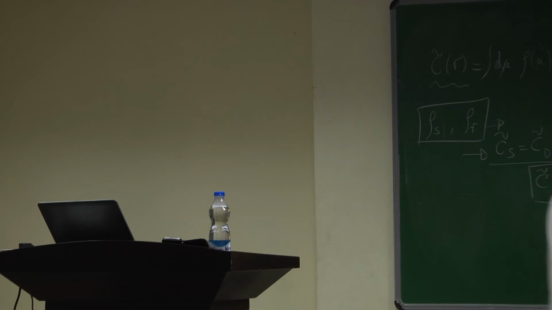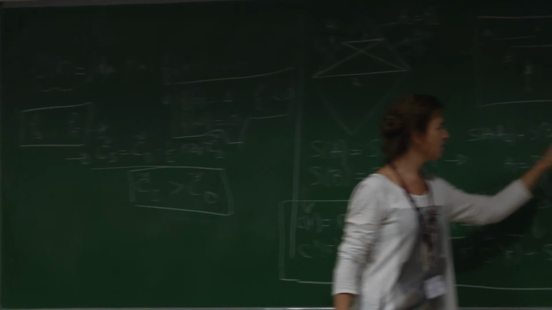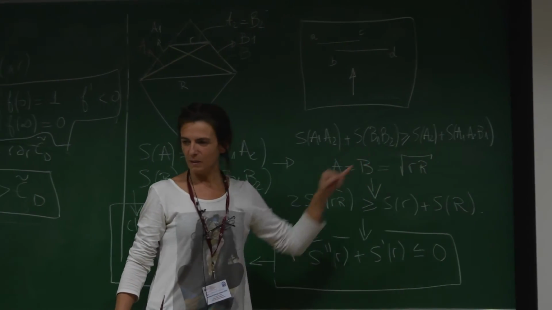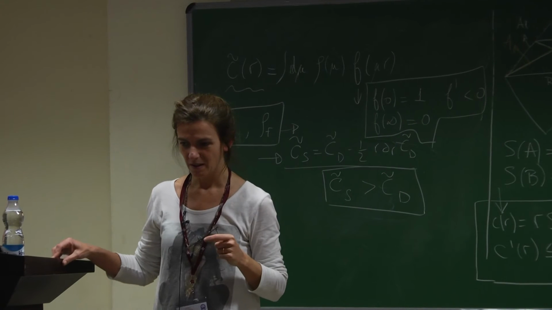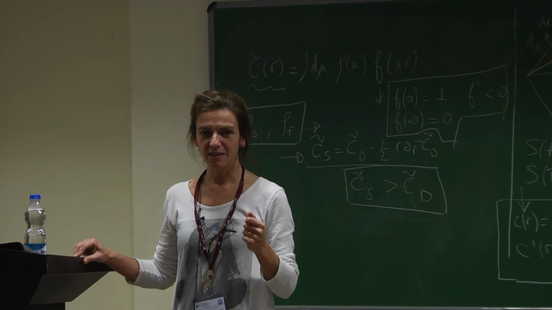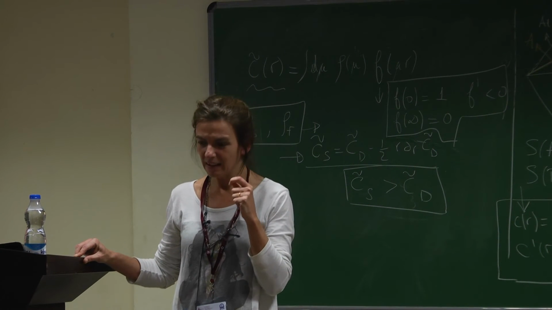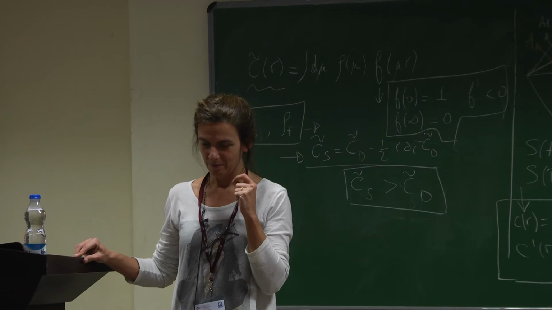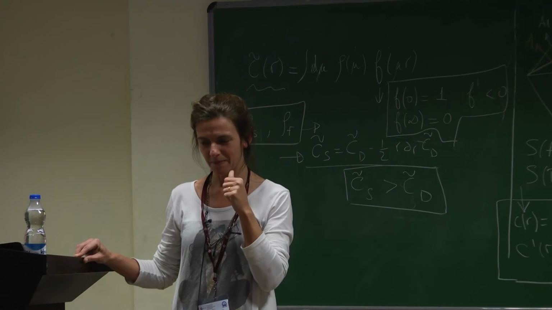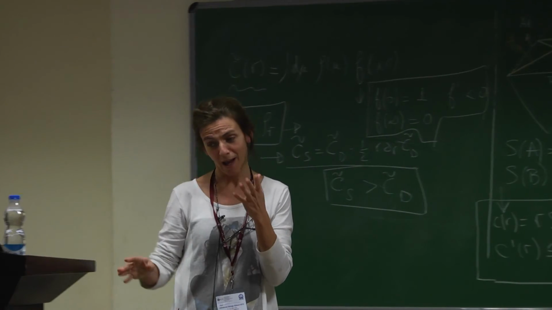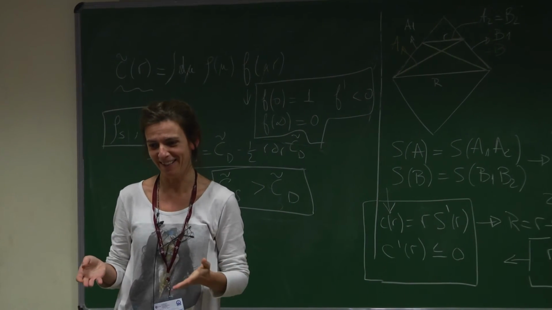But the problem is that with this kind of inequalities, the most you can get is second derivatives. And with second derivatives, you cannot kill the divergences. So you need something else. But of course, we are working on that.